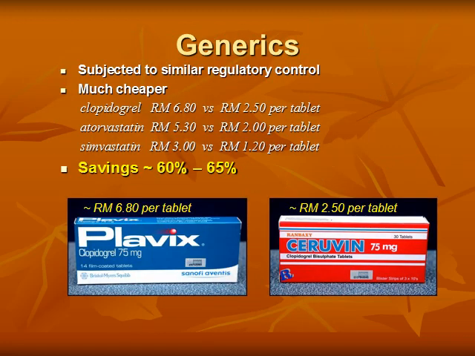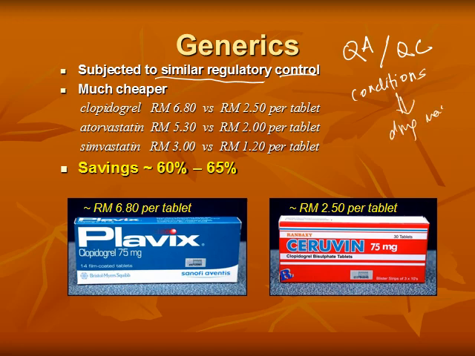For example, when you are subject to similar regulatory control, meaning you also have the same QA, the same quality control, the same condition requirements for the GMP industrial environment, your drug may still perform differently, right?